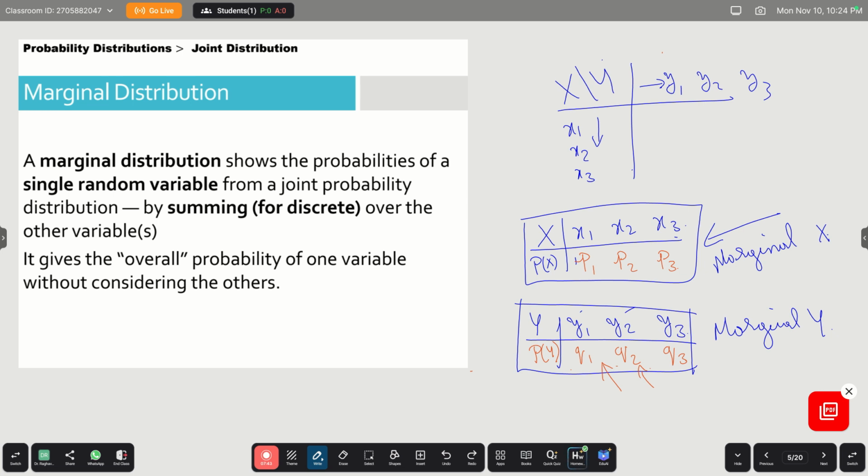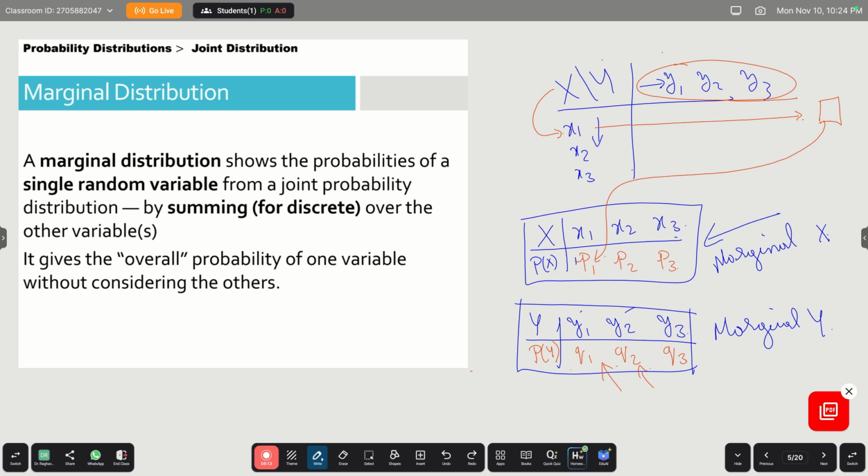Say we want to find the probability that x takes the value x1. We are just ignoring the different values y takes. So we just have to add the corresponding row of x taking the value x1. Whatever the sum of that row is, that will be the probability that x has the value x1.